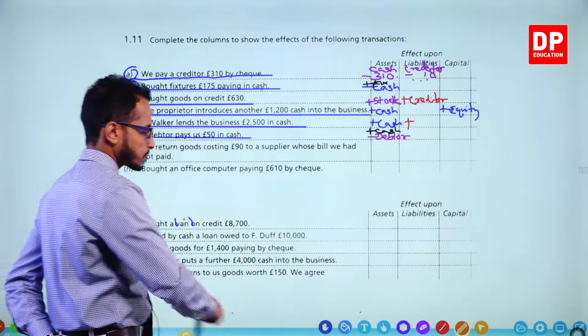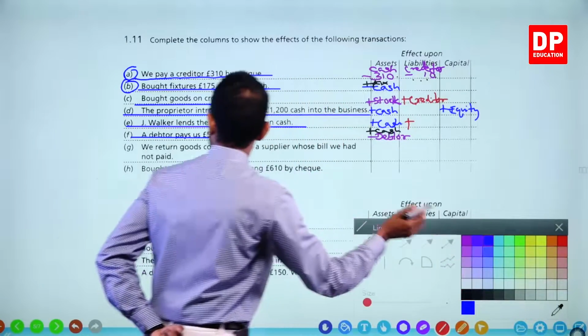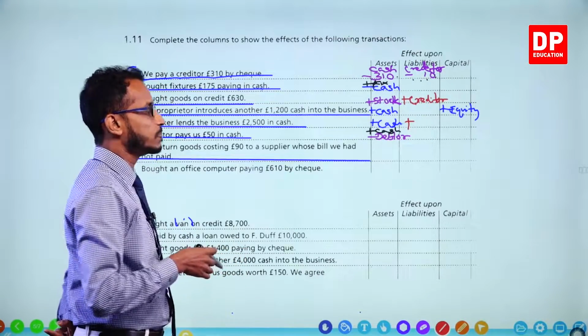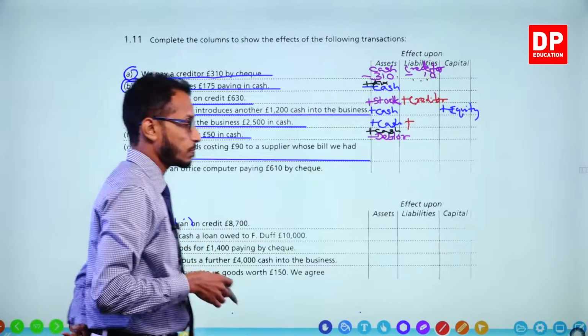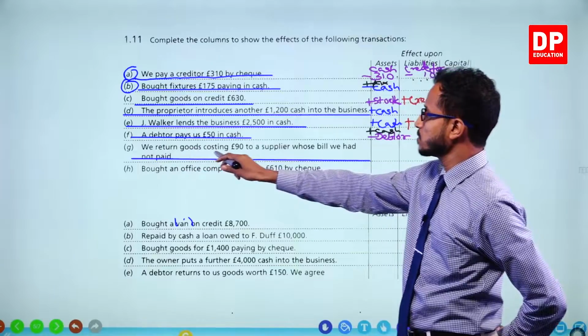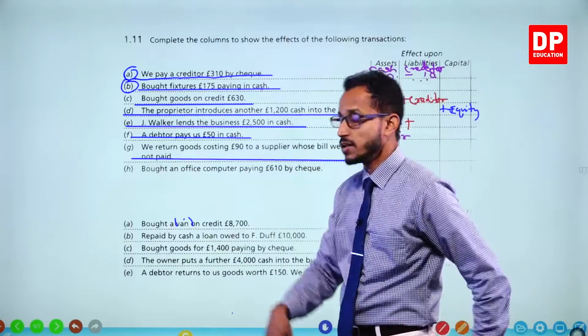Last one. We return goods costing 90 to a supplier whose bill we had not paid. I'll move to this side so it's clear to you. We return goods costing 90 to a supplier whose bill we had not paid.